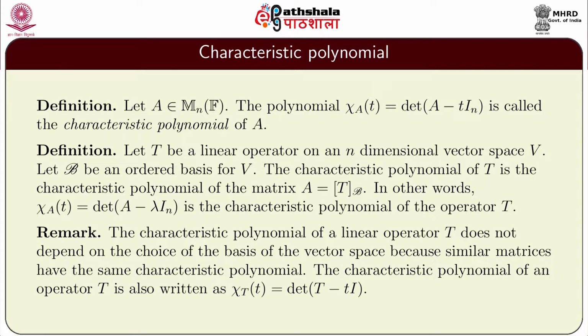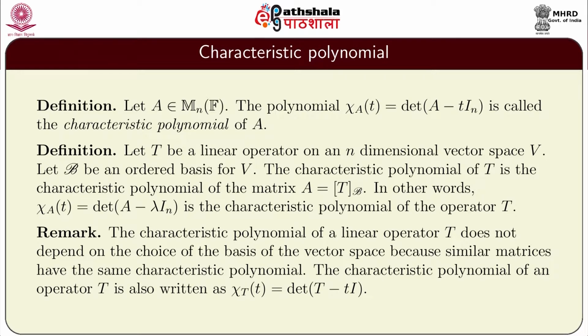The remark says that the characteristic polynomial of a linear operator T does not depend on the choice of the basis for the vector space, because similar matrices have the same characteristic polynomial.